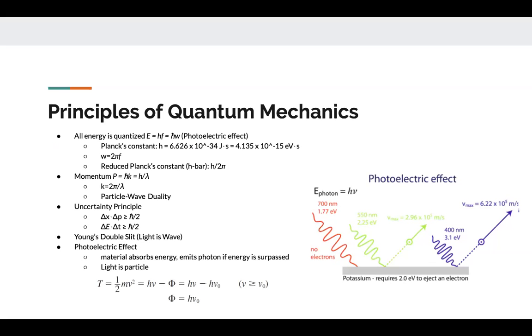All right. Some basic quantum mechanics. All energy in quantum mechanics, or in particles, is quantized, which means they have discrete energy levels. That's calculated with energy equal to the Planck constant times the frequency of the particle.